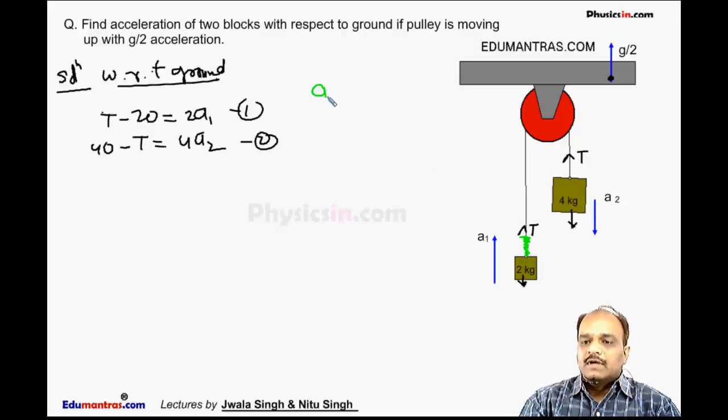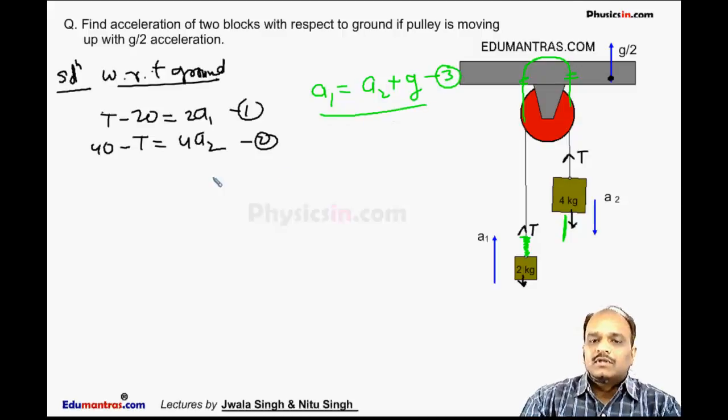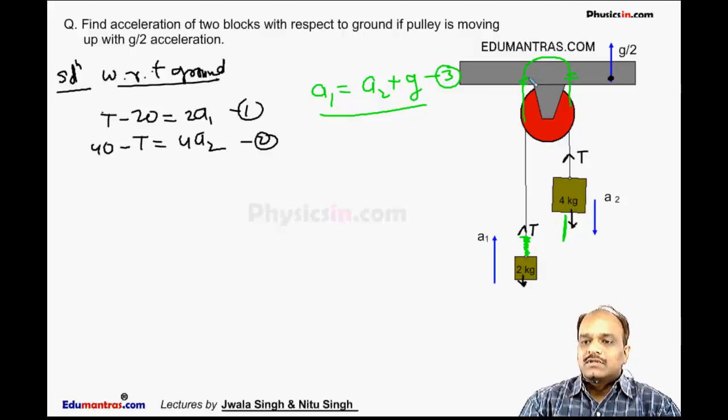So we can say A1 must be equal to A2 plus, if this is going upward with acceleration g by 2, the string needed here is g by 2, and g by 2 means it is g. So this is our third equation. This is the constraint relation, as we have already discussed in constraint relation.